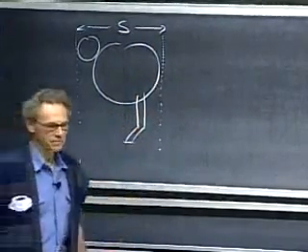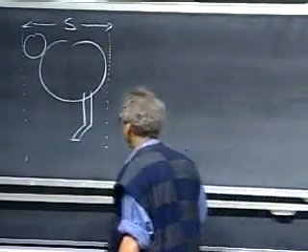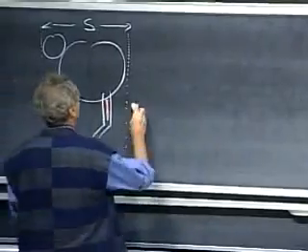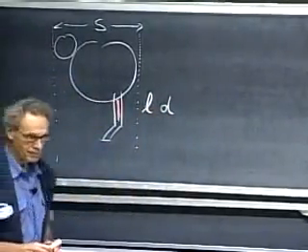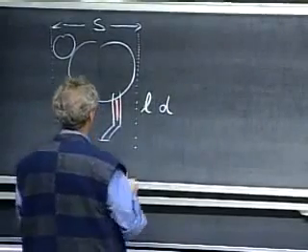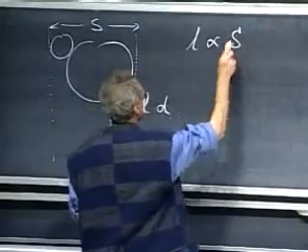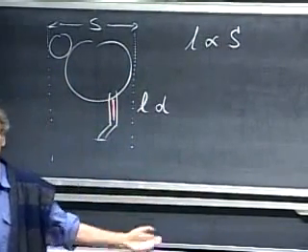We called that S. And then we said, well, there is here the femur, and the femur has length L and thickness D. It was completely reasonable to say, well, that L will have to be proportional to S. If an animal is 10 times larger than another, its legs will be typically 10 times longer.